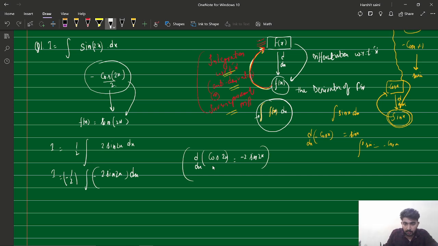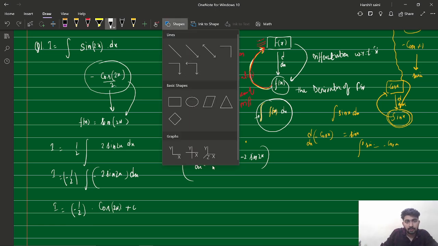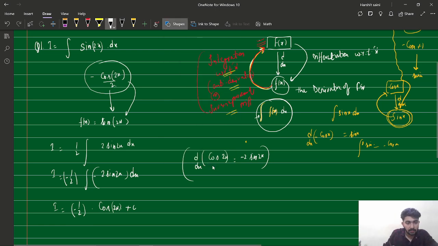So the integration of this complete function is cos 2x. I hope you understood. So here I equals minus 1 by 2, and here we are getting cos 2x plus c. Okay, this is your answer. This is the integral of the first one.